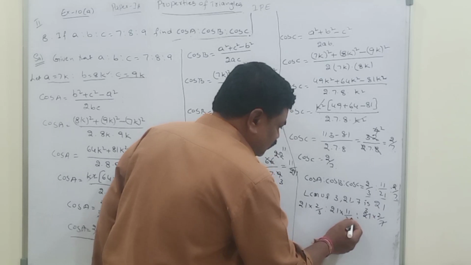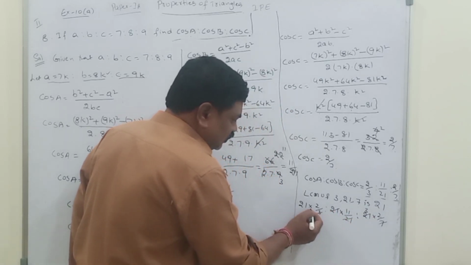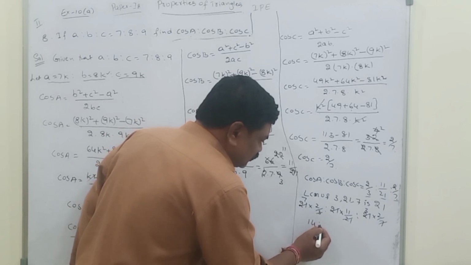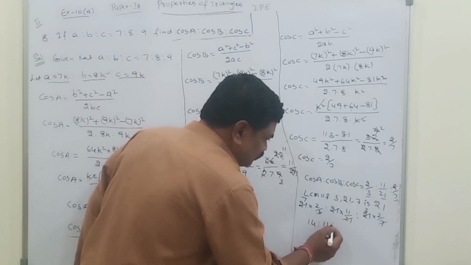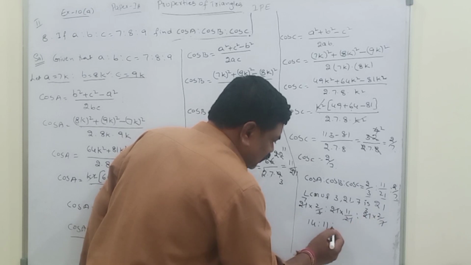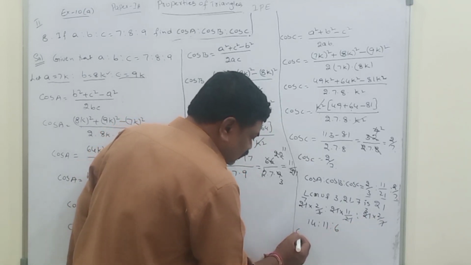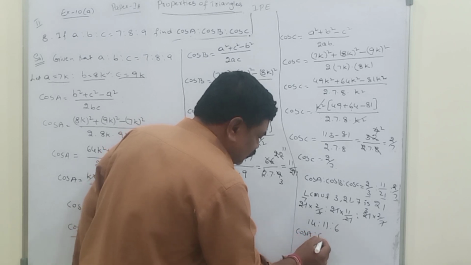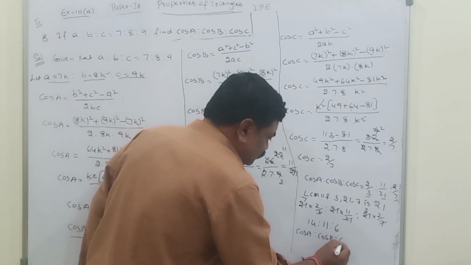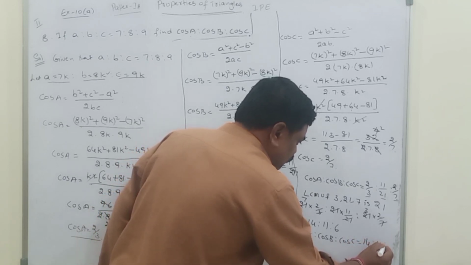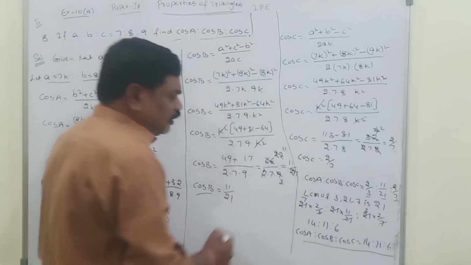This is 14 is to 11 is to 6. Therefore we conclude that cos A is to cos B is to cos C is equal to 14 is to 11 is to 6, which is the answer.